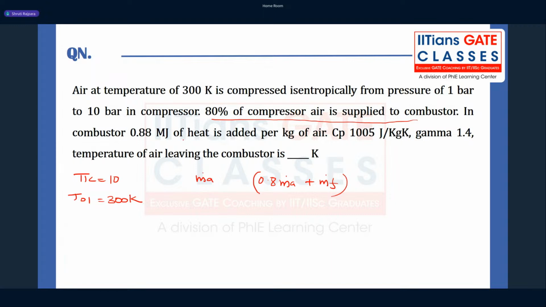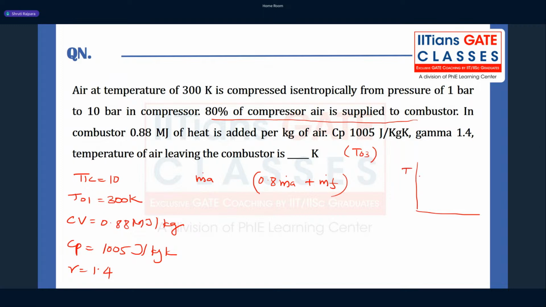The calorific value of the fuel is 0.8 megajoule per kg. Cp they have asked to consider same, 105 kilogram per Kelvin, and gamma is 1.4. We need to find out the temperature leaving the combustor, which is T03.